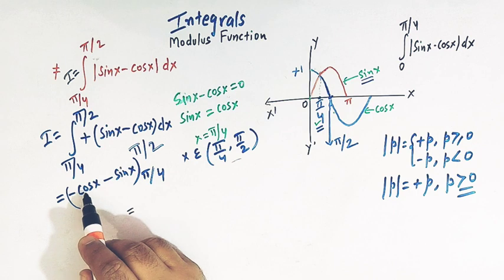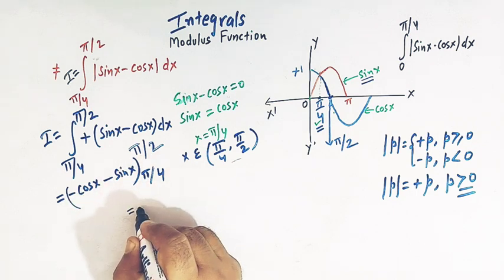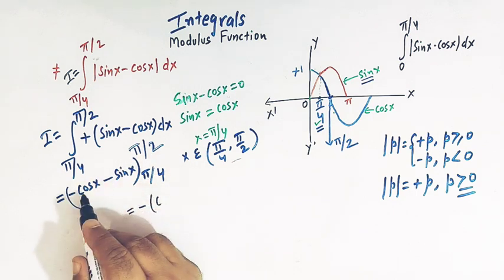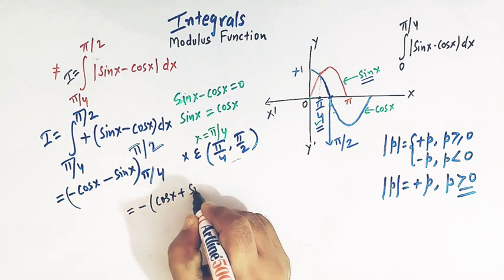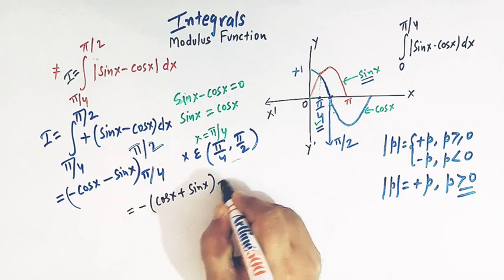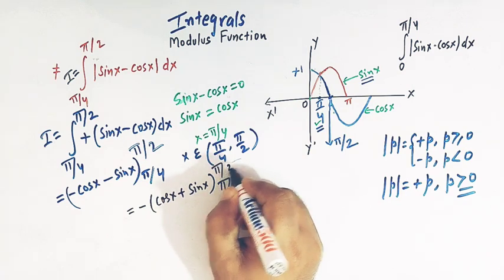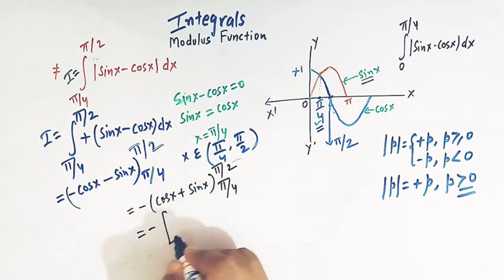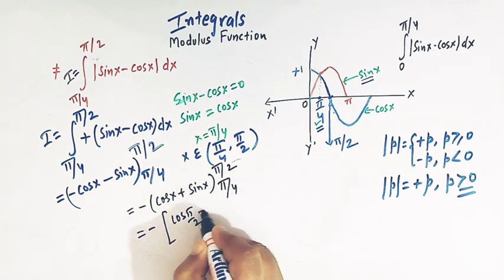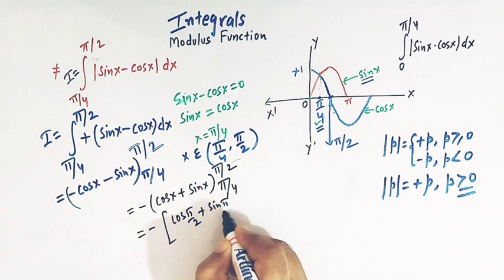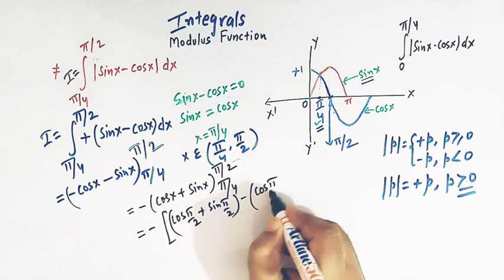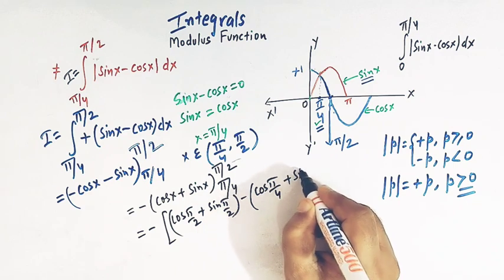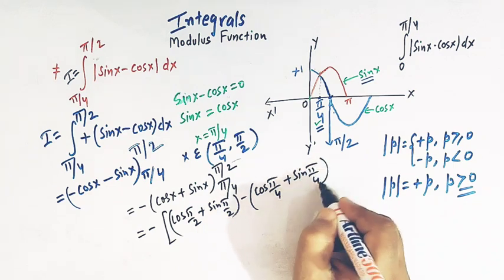But before substituting, let us take this negative sign outside the expression. So we have minus cos x plus sine x from pi by 4 to pi by 2. First we have pi by 2: cos pi by 2 plus sine pi by 2, and then minus cos pi by 4 plus sine pi by 4.